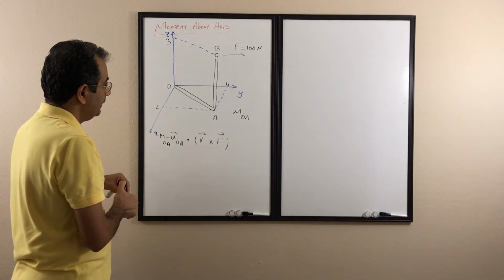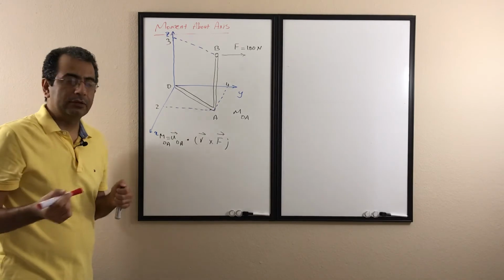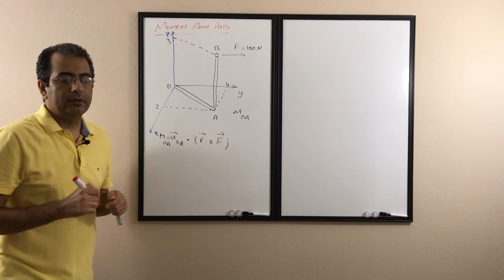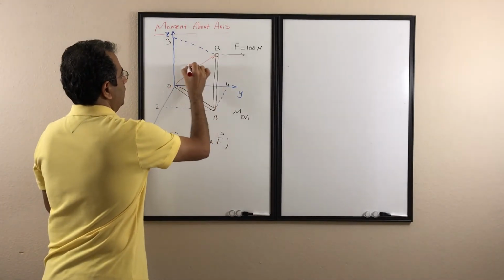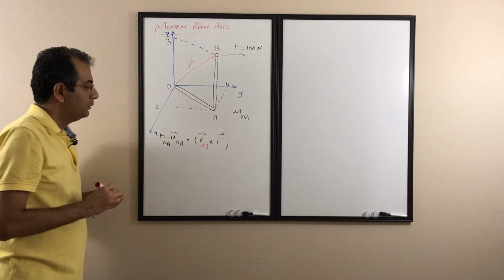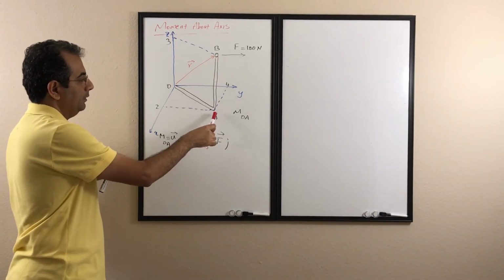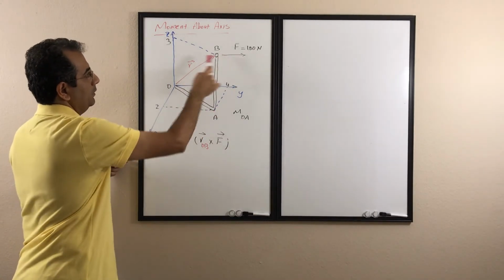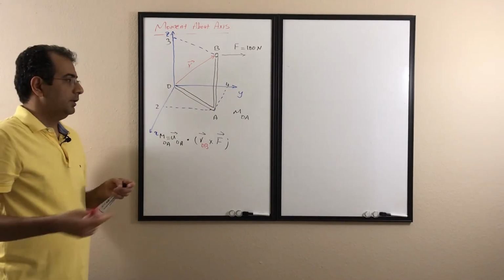And if you look at that, now I know the unit vector is about the OA. The R can be any vector that starts from the axis and ends on the line of action of F. So here I'm going to choose OB for my position vector, but I can also use A and B. I can use RAB, because A is on the axis and B is on the line of action of F. So AB is also correct.